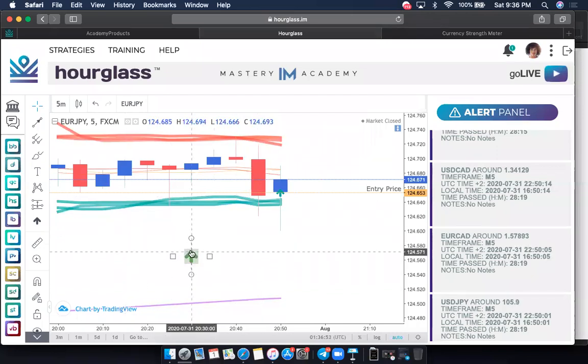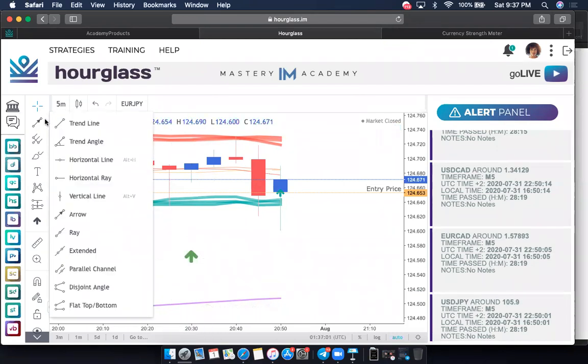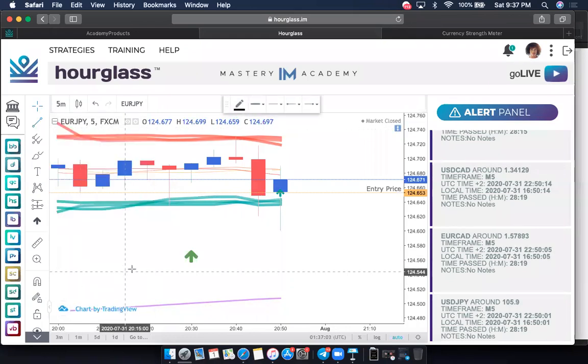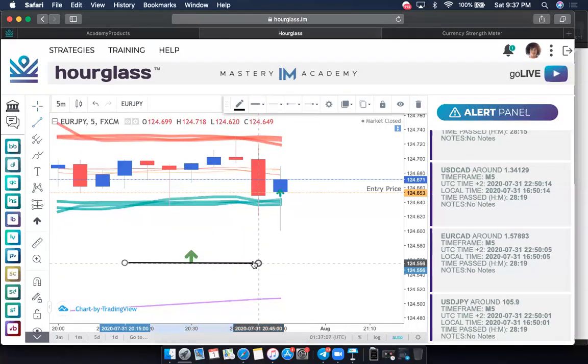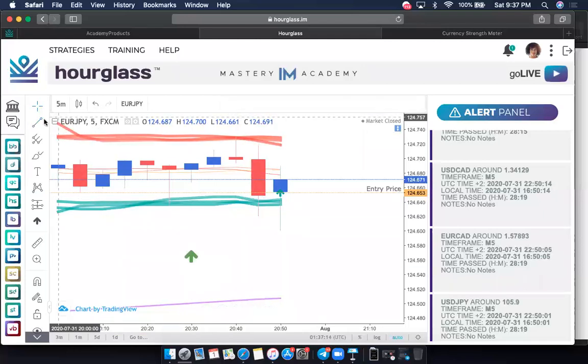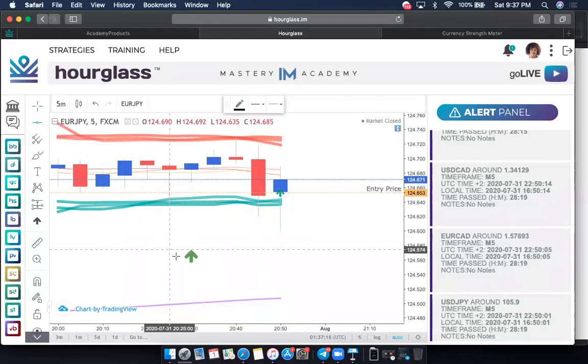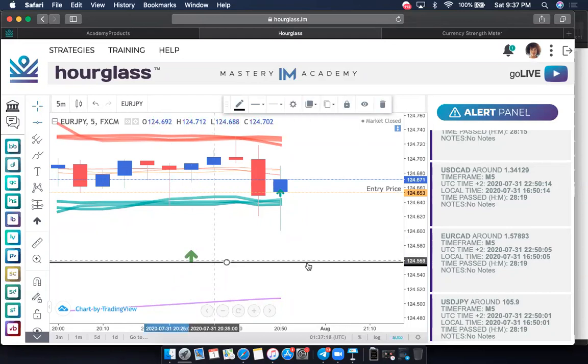Price, you want to enter at the bottom of an up arrow. So your entry, you want to look for it somewhere around here. And wherever your cursor is at, if you look to the right, you can see price. So if I took, let me see, a horizontal line and I put it right here, I'm looking for my entry at 557.